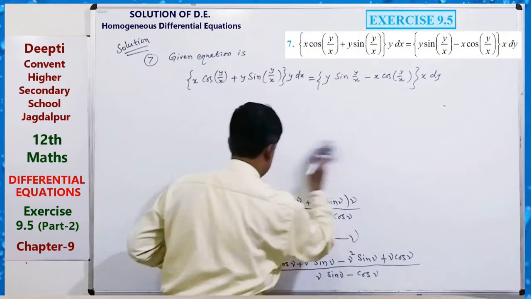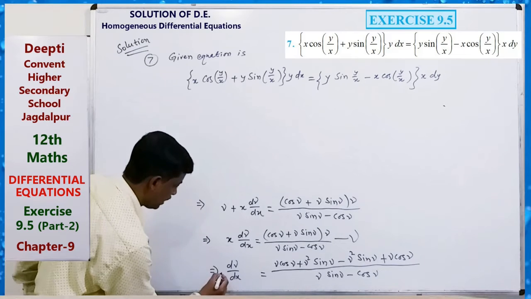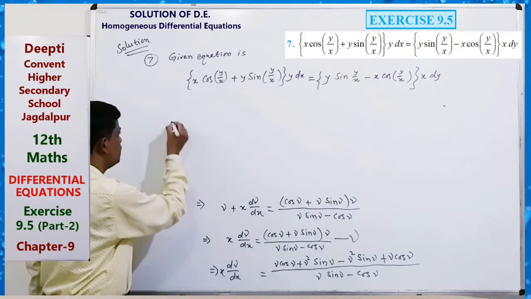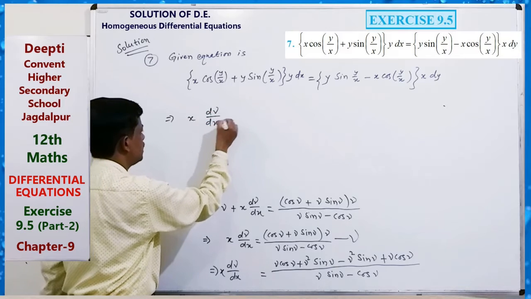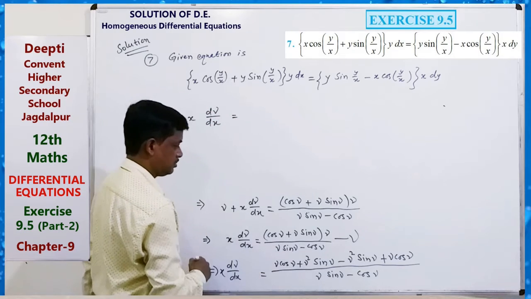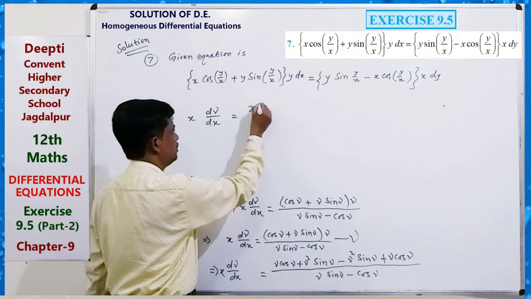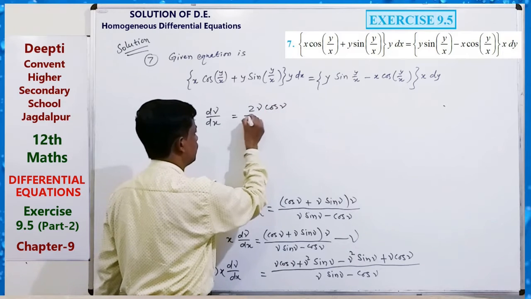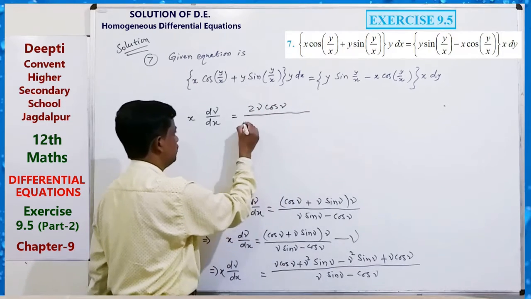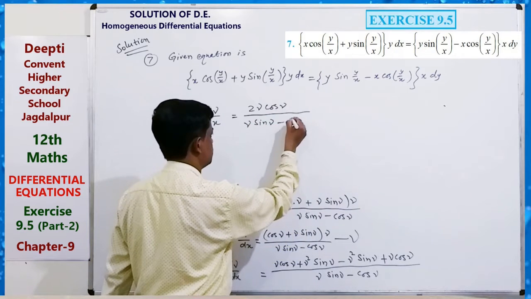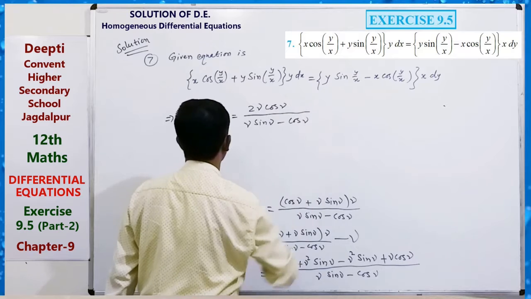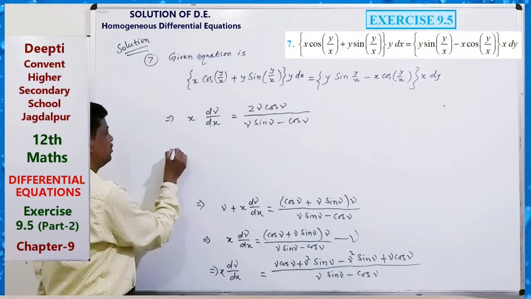So x dv/dx equals 2v cos v upon (v sin v minus cos v). Now this is separable form.